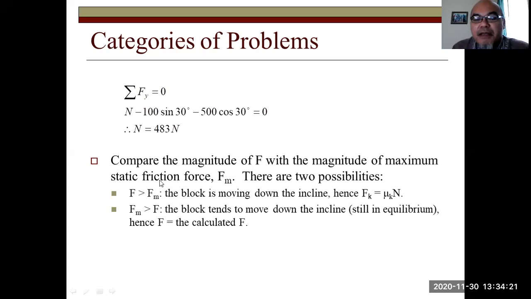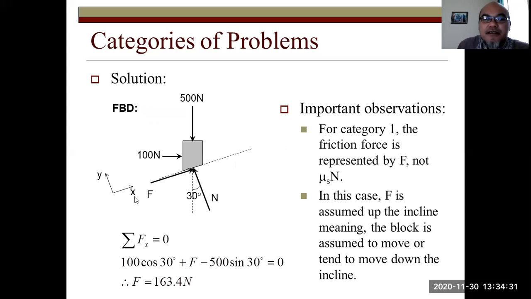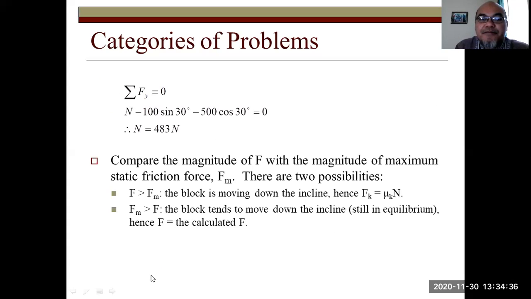Then we compare the magnitude of F with the magnitude of the maximum static friction force Fm. There are two possibilities. If F is larger than Fm, so here F is 163.4 Newton, then the block is moving down the incline.